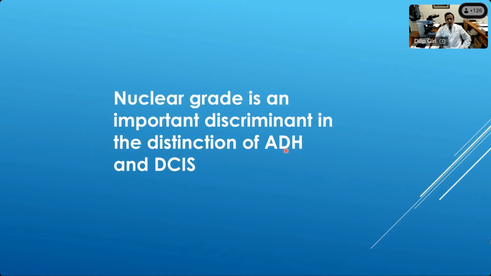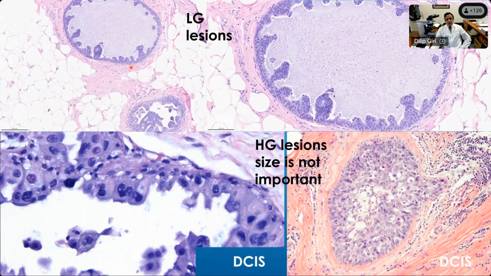All bets are off if something is high grade. For example, here, this is low grade, so you could quarrel with others whether it is ADH or DCIS. But here, when it is high grade, even one duct is enough to call something DCIS. So this is something important to remember.